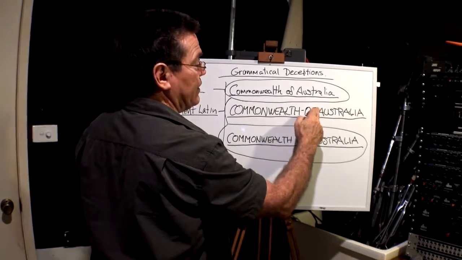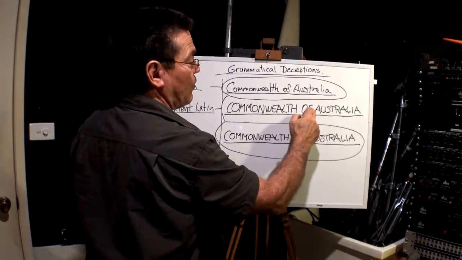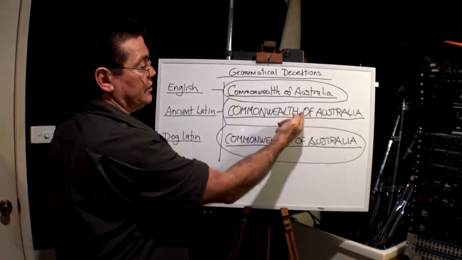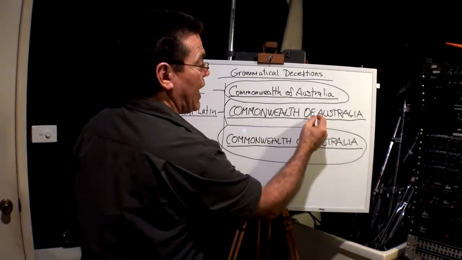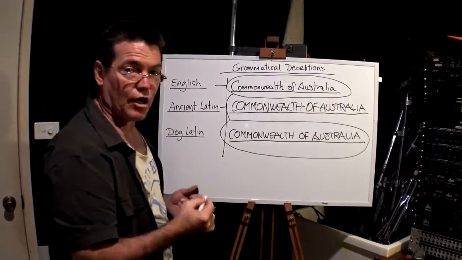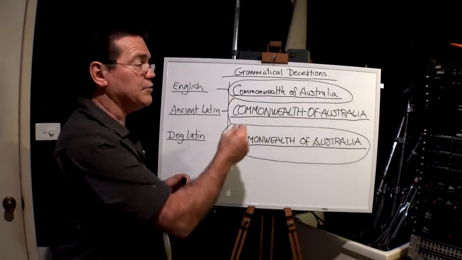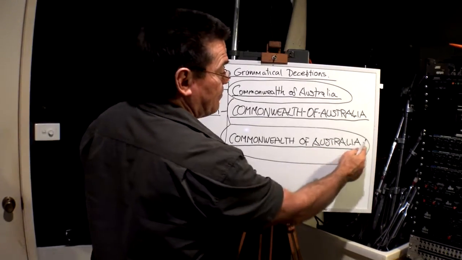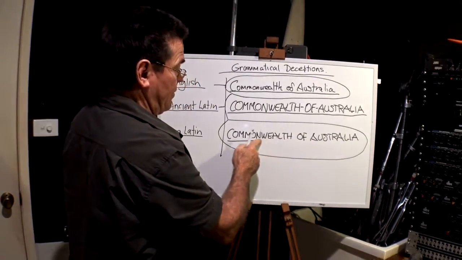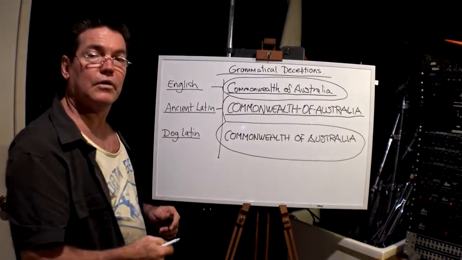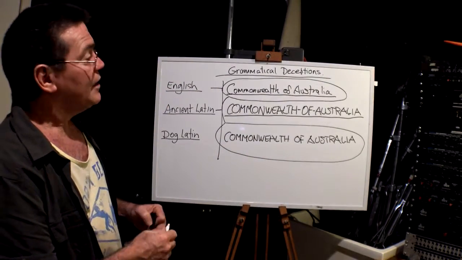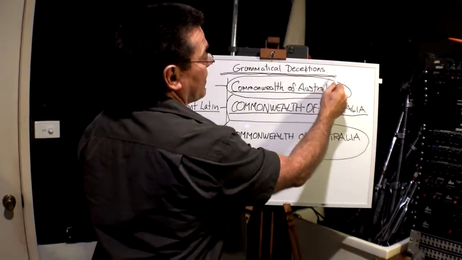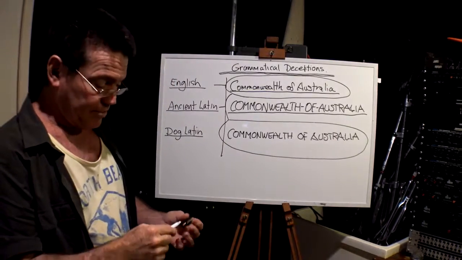And by removing the hyphens, they use the grammatical rules of English instead of the grammatical rules of Latin, which are two very different types of rules, in order to make it look like normal English. That is the grammatical deception.